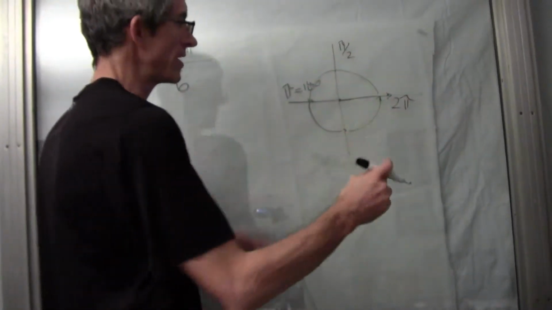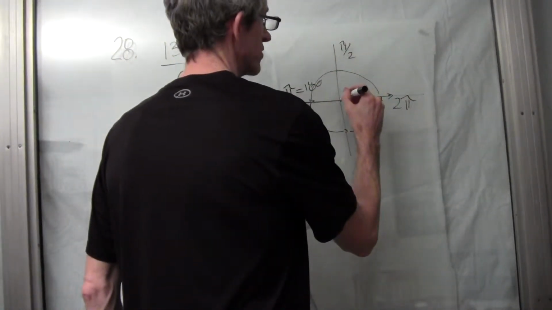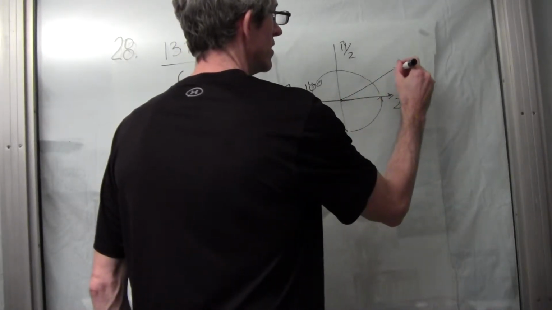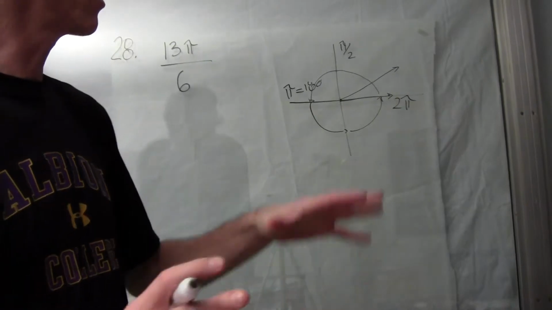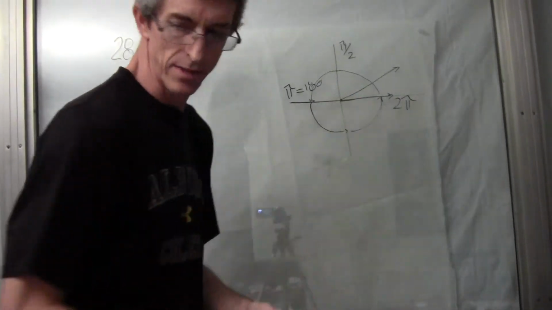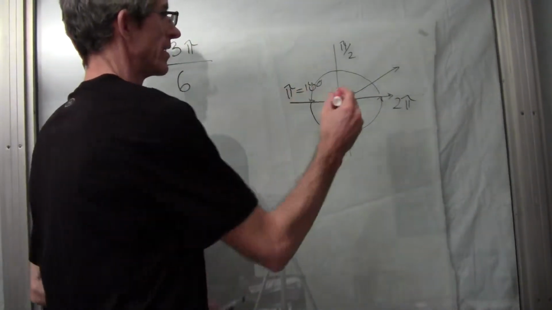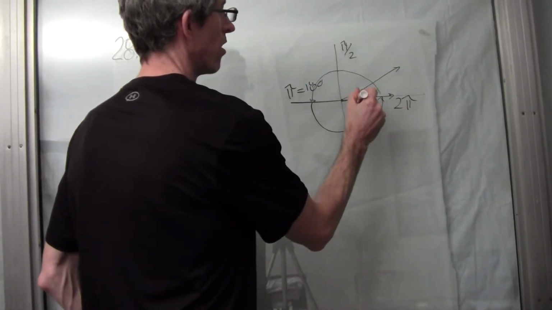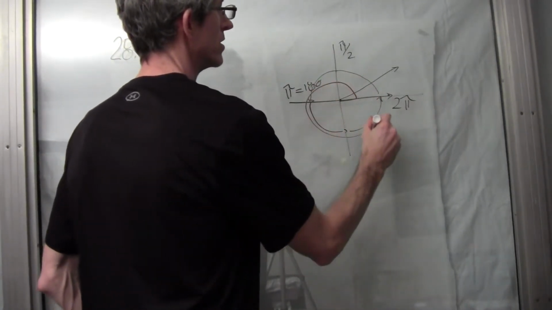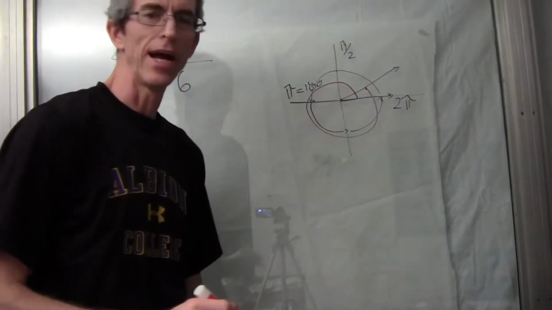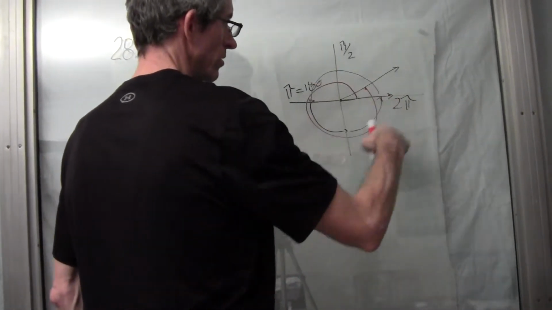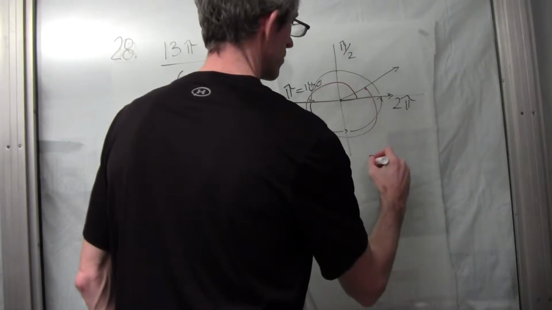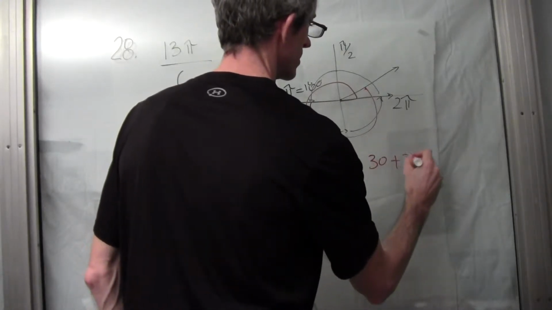What that means is an angle of, let's say, 30 degrees has exactly the same sine and cosine as an angle that started here and went all the way around and then stopped at 30. That red one would be 30 plus 360.